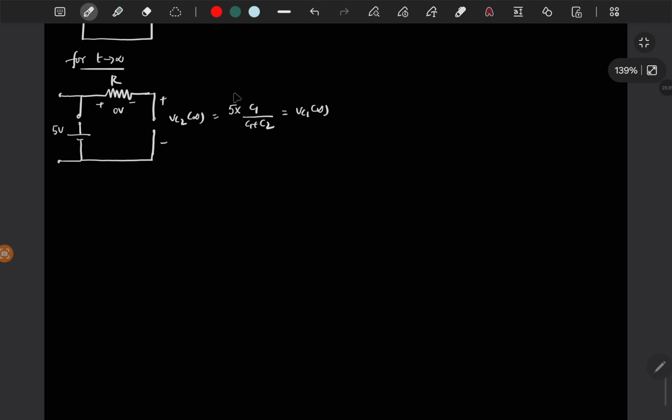That's it. Now draw the waveforms. Vc1 of t.